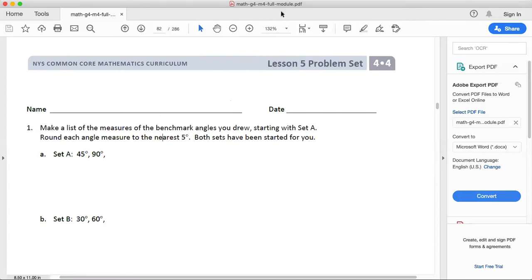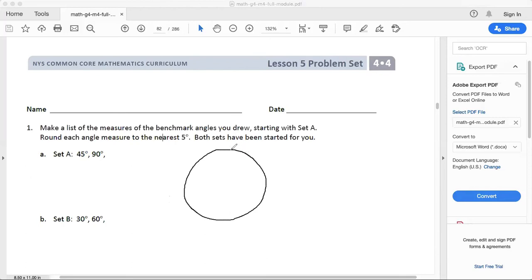So what you're going to do now is grab your problem set and work with me. I'm going to go ahead and grab black, so it's a little bit easier to see here on our problem set. Set A, 45 degrees and 90 degrees. Well, if you make a circle, this is going to be our circular protractor, and you split it up into 4, and all this is 360 degrees.